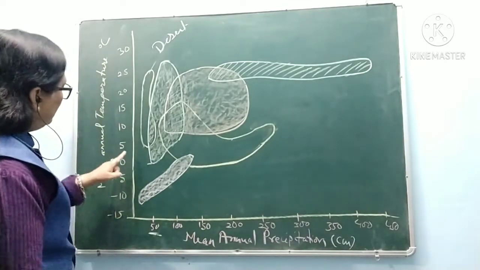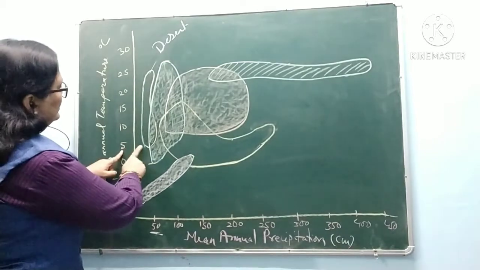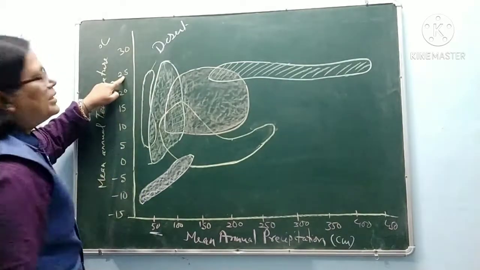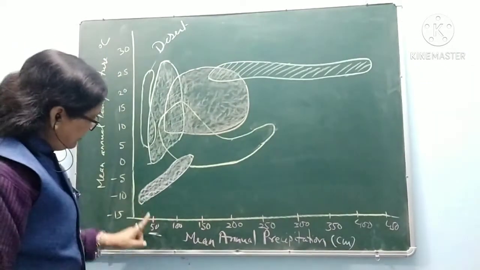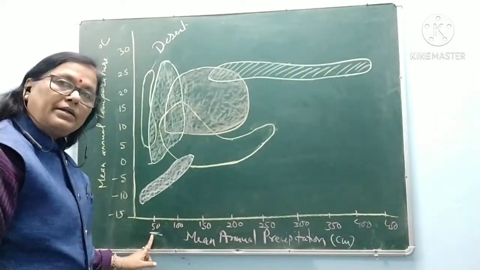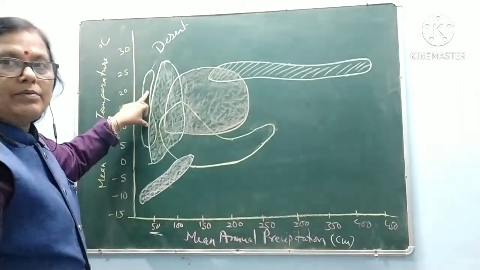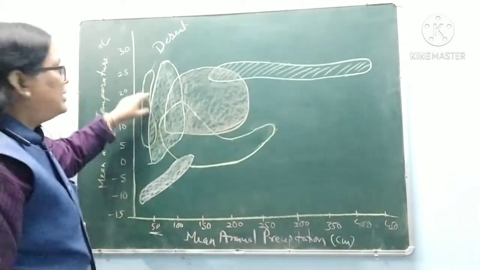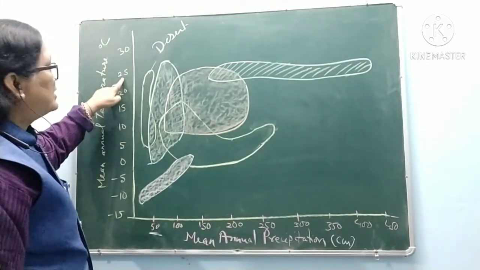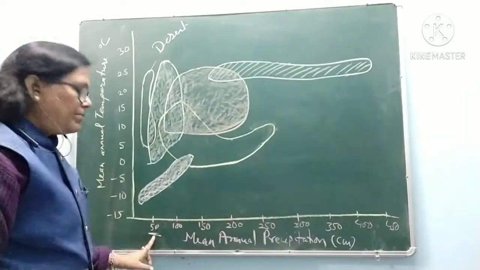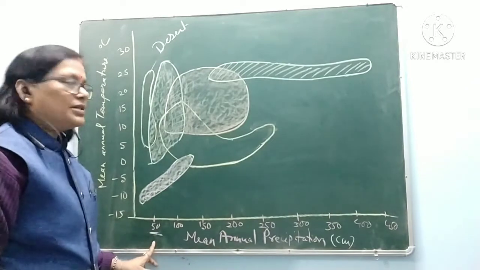Now let us have a look here. From 5 degrees Celsius up to 25 degrees Celsius, temperature as well as 50 centimeter precipitation, there is desert biome. Okay, desert biome ranges from 5 degrees Celsius to 25 degrees Celsius, having 50 centimeter mean rainfall, mean precipitation.